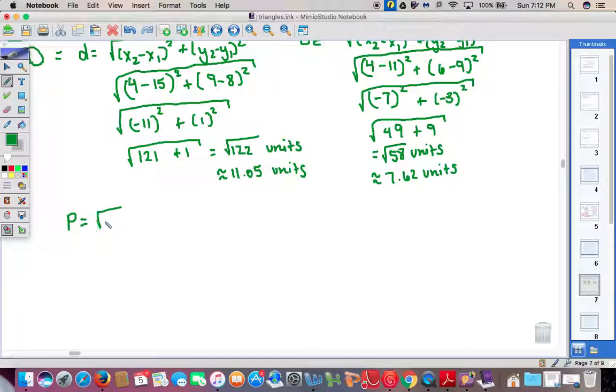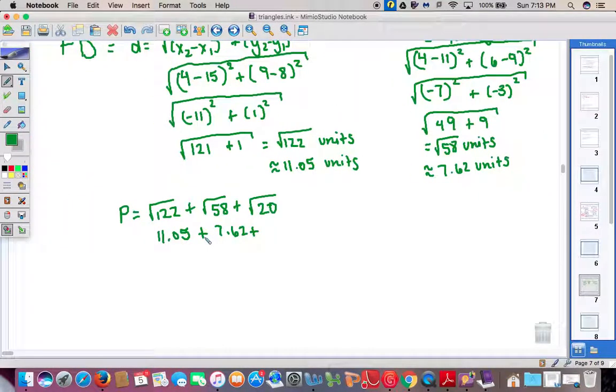So I have the square root of 122 plus the square root of 58 plus the square root of 20, or you can add the decimals: 11.05 and the others. So approximately 23.14 units.